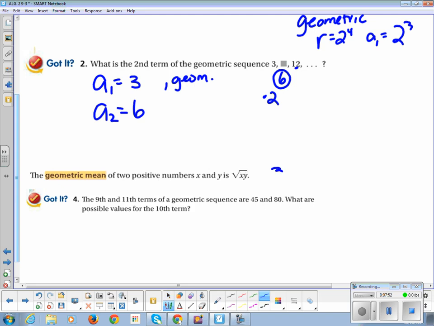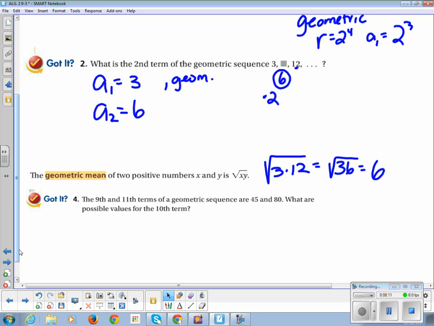So we've got the square root of 3 times 12. We did it with our noggins where we were just thinking, oh yeah, it's going to be 6. But if we use this little formula, it's 3 times 12 is 36, and the square root of 36 is 6. We have a little bit of a problem.